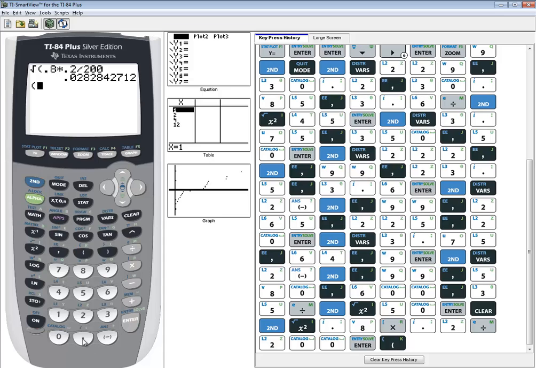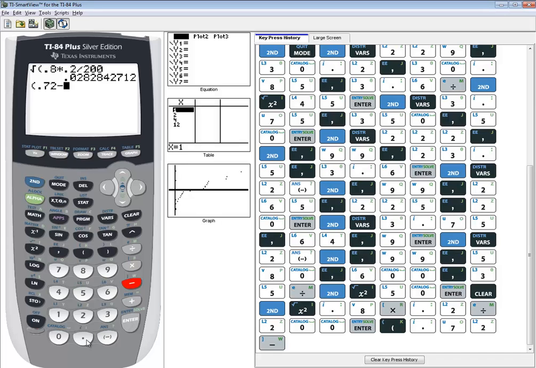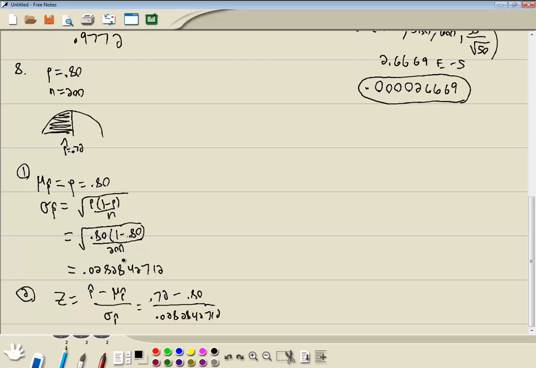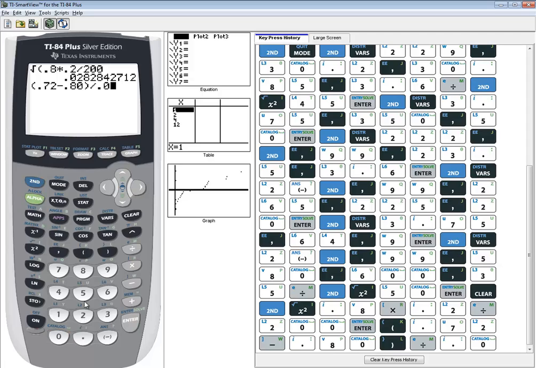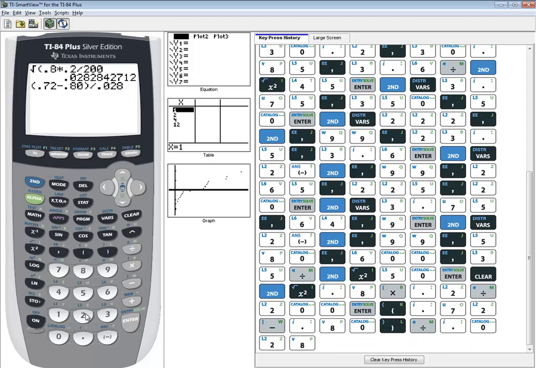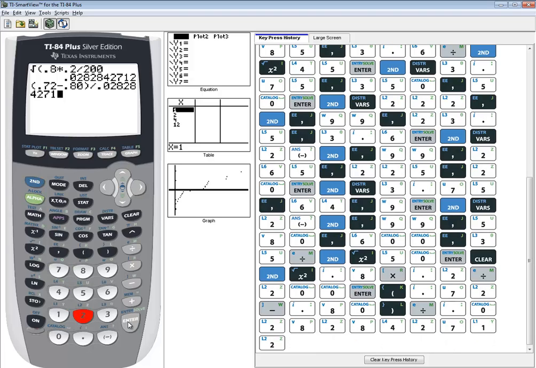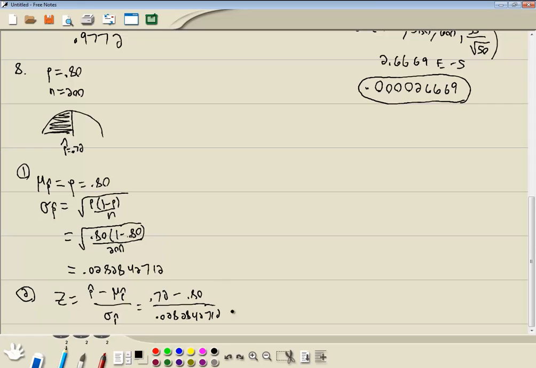So beginning parentheses, 0.72 minus 0.80, close parentheses, divided by 0.02828422712. And assuming I typed them all correctly, I'll round this to 2 decimal places: negative 2.82.